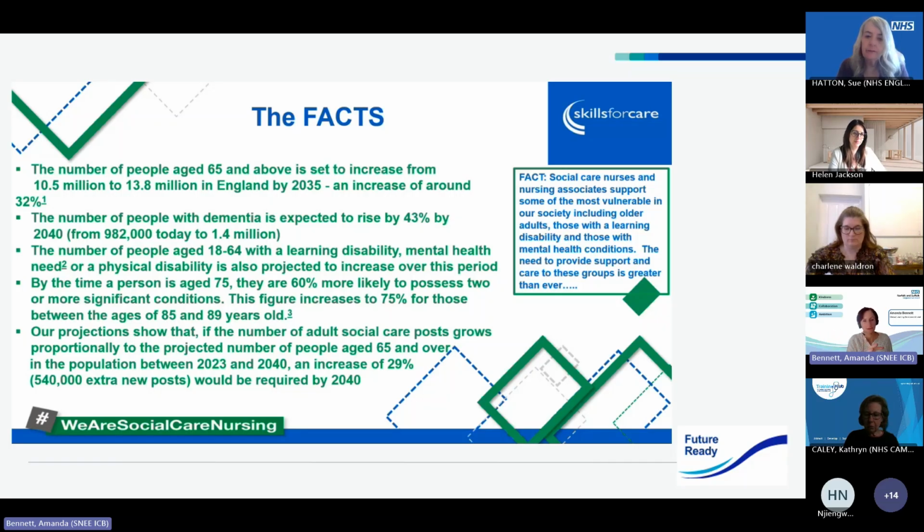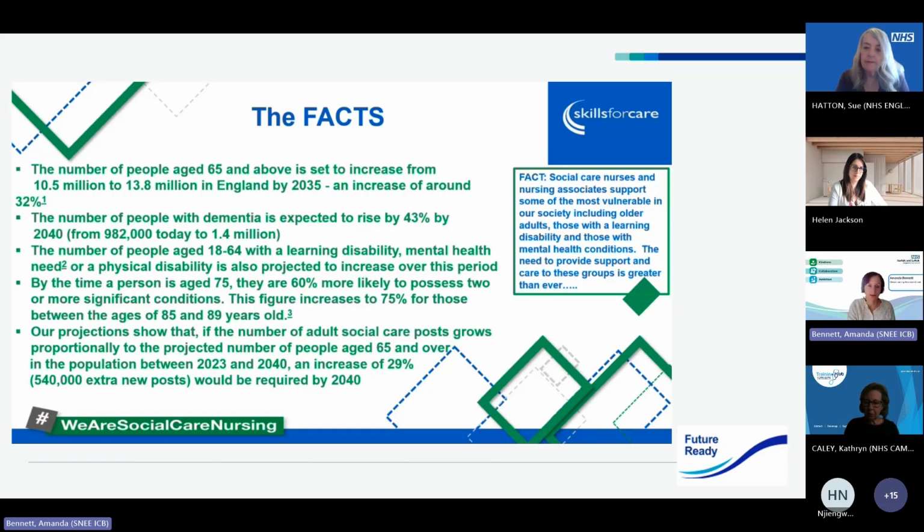Thank you very much to Skills for Care for the information on some of these slides. Their projections show that if the number of adult social care posts grows proportionately to the number of people who need this, they're expecting their workforce to grow by 29%. So that's 5,400 extra new posts that will be required by 2040.